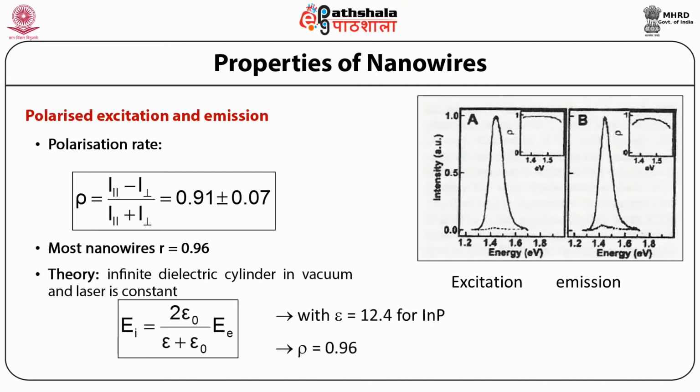The theory behind this is that if we consider an infinite dielectric cylinder in the vacuum and laser is constant, then we have E_i equal to 2 epsilon naught by epsilon plus epsilon naught E_e. So with epsilon equal to 12.4 for indium phosphide, we have rho equal to 0.96.